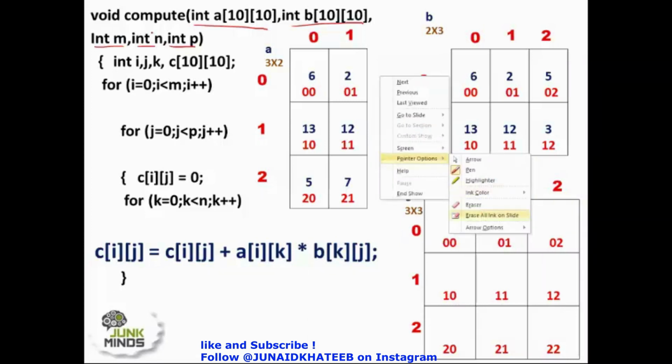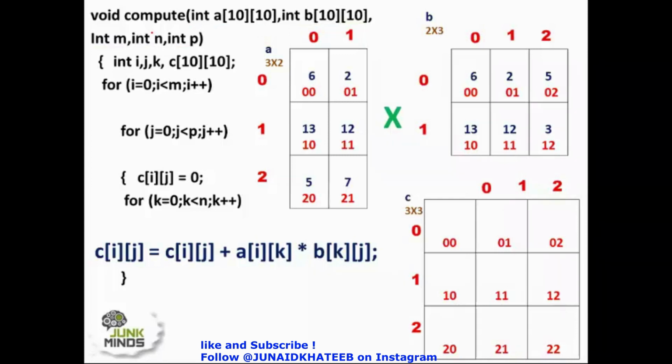Okay, so now I've come to this function. In this function, I'm going to write the matrix multiplication code. Over here, I've created another array called C. My plan is that whatever is in matrix A, I'll multiply it with matrix B, and I'll store the result in matrix C. So C is going to be our final answer.